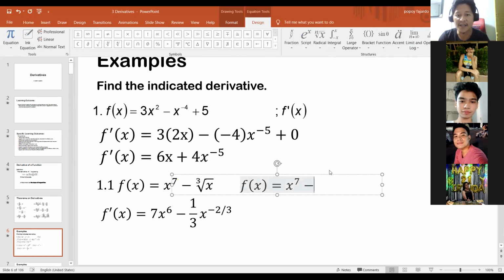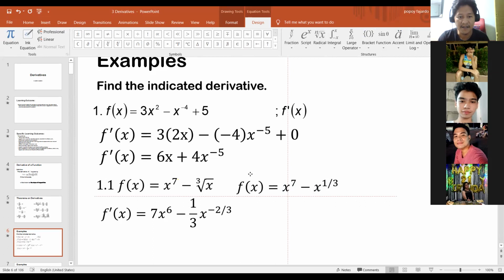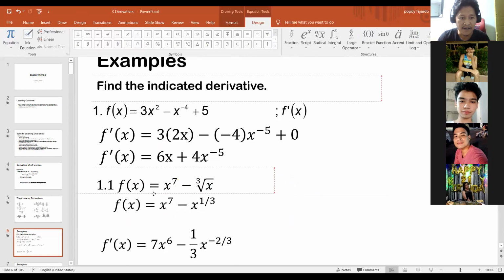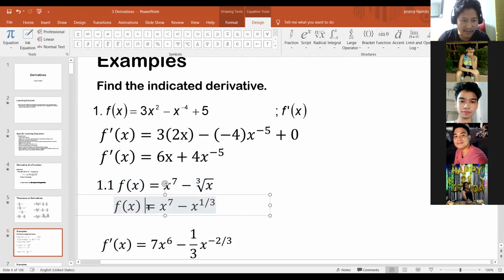Pwede natin itong isulat as x to the 1/3, di ba? Tama? Ayan, sa baba. Okay. Pares lang tong ito at saka ito, di ba?